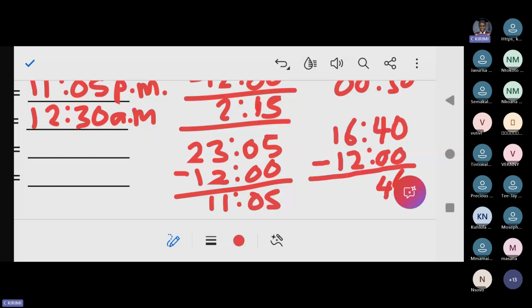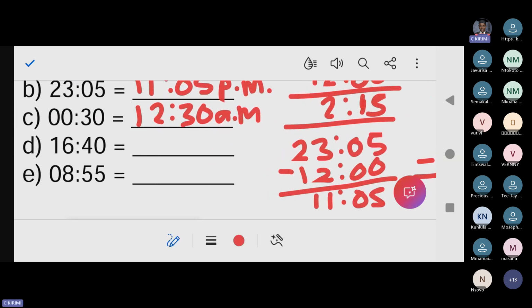So you indicate your colon, 6 minus 2, which is 4. And then that's 4:40 PM in the afternoon, which means it's past midday, by 4 hours, 40 minutes after 12 o'clock in the afternoon. So we use PM.